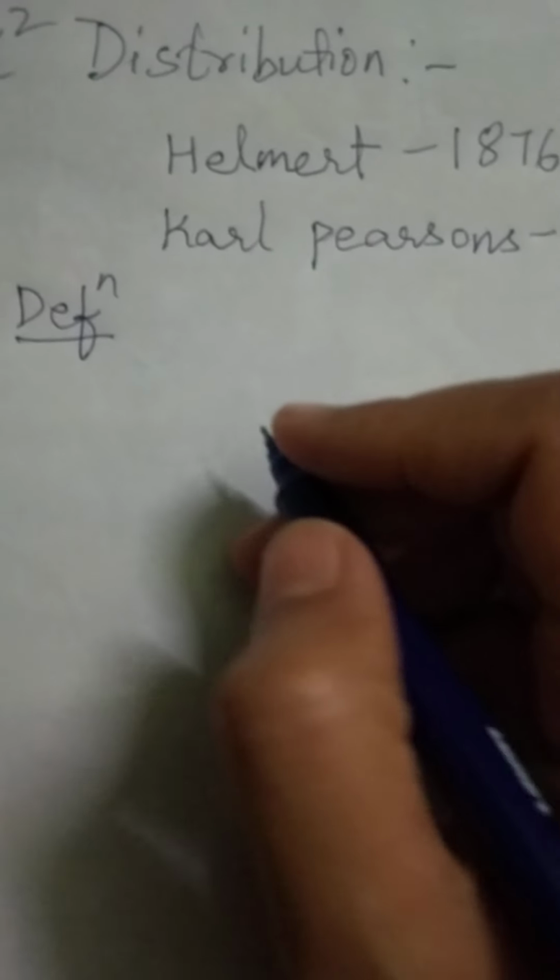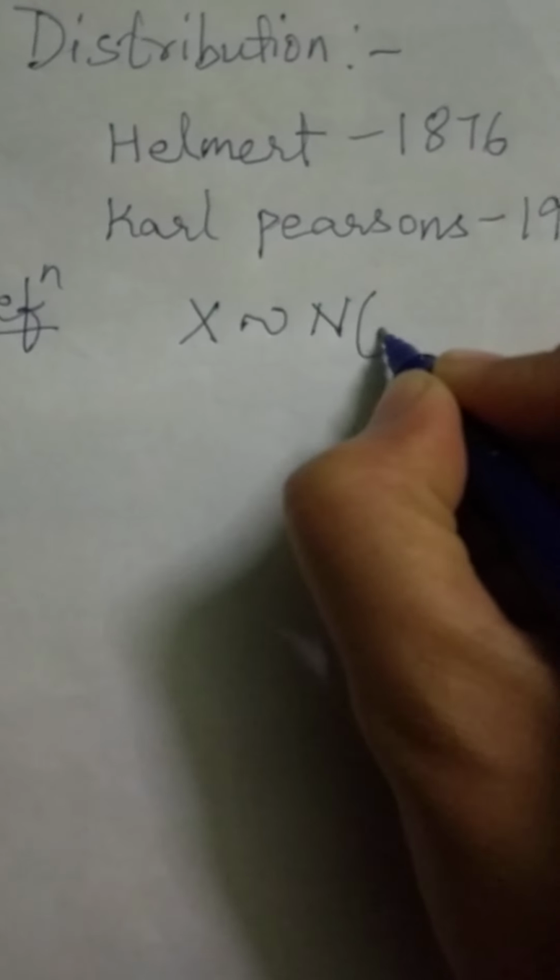That is, if x follows a normal distribution with mean mu and variance sigma square, then z is x minus mu by sigma, which follows a normal distribution with 0, 1.